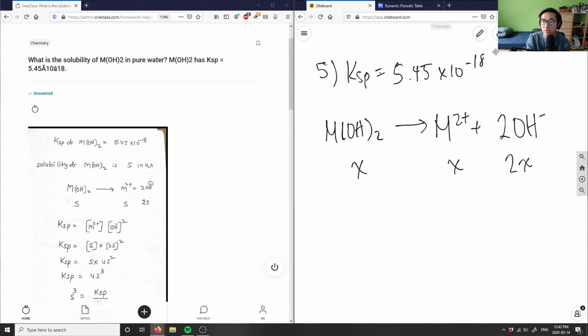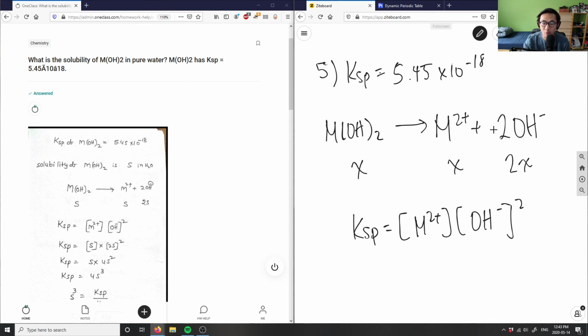And then what you can do is write your KSP equation, which is basically the product of the products, which is kind of weird. But this here is M2 plus times OH to the power of 2, because I remember my coefficient here is 2.